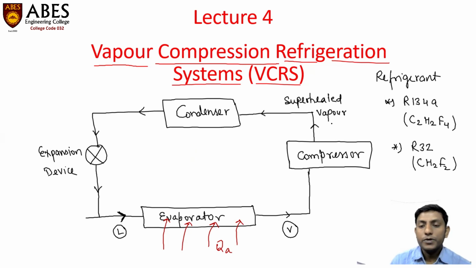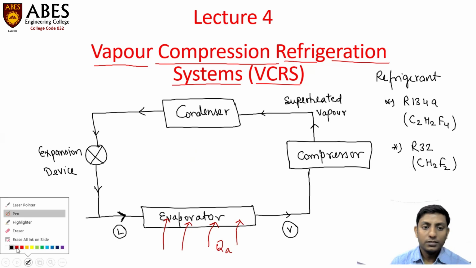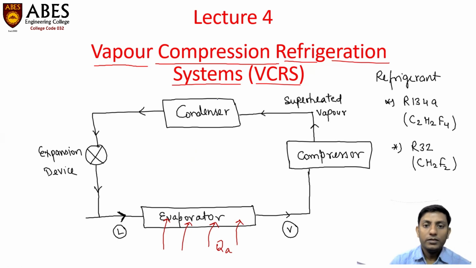Then this vapor rejects heat, QR. I'm sure you are familiar with the terminologies QA and QR, which we have been using for a couple of lectures. QR is nothing but the heat rejected to the surroundings.